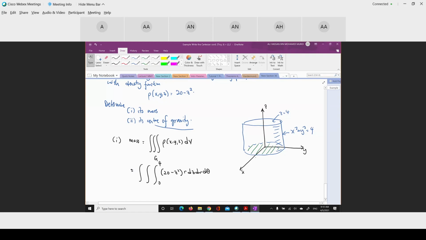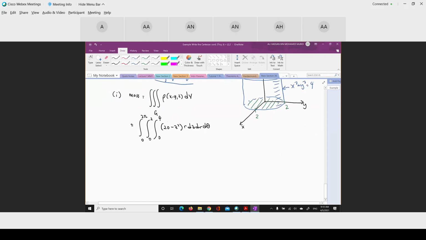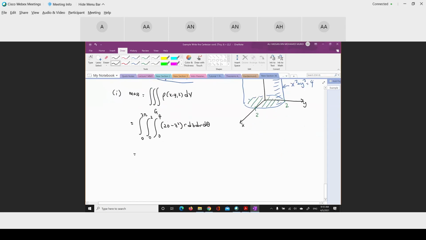This is 2, right? So r is between 0 up to 2, and theta, this is a complete circle, so theta is from 0 up to 2 pi. So first we integrate with respect to z.